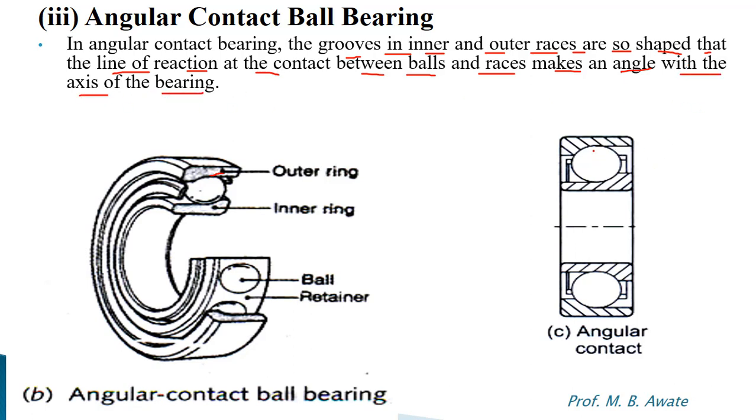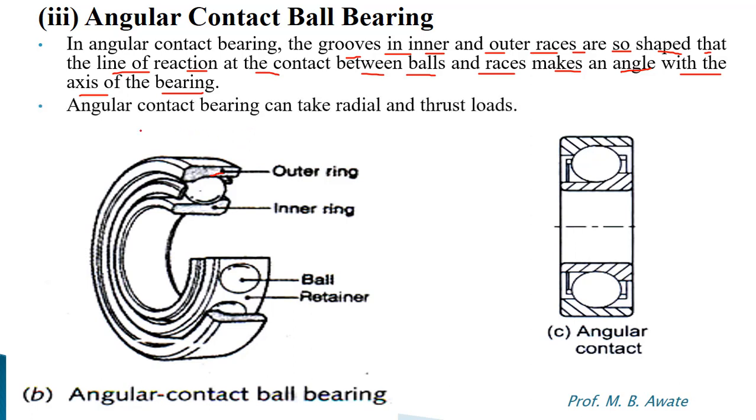Okay, so here the shape has been given in such a way that the line of reaction at the contact surface between the ball and races makes an angle with respect to the axis of the bearing. And angular contact ball bearing is having one more advantage. What is that? The angular contact bearing can take radial as well as the thrust load, means it will support radial load, and it will also support the thrust load.